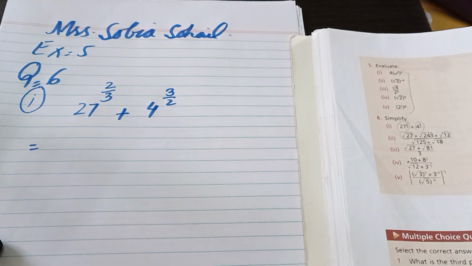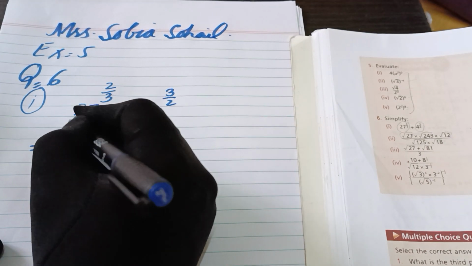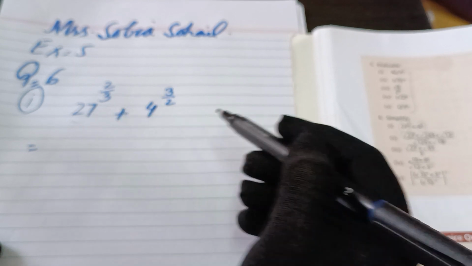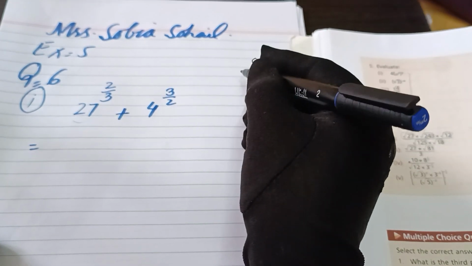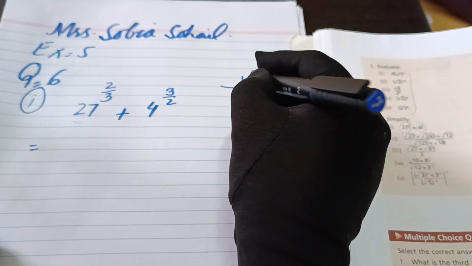As we have done in previous questions, we will factorize these numbers. We know the factor of 27.